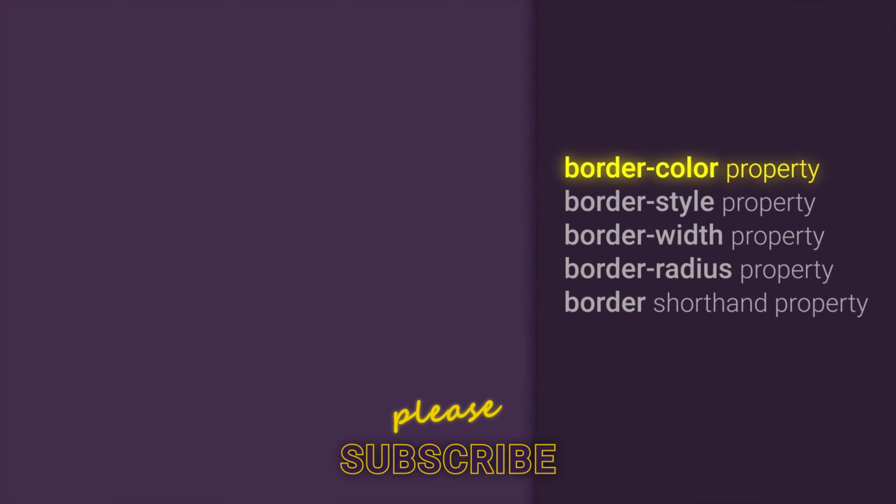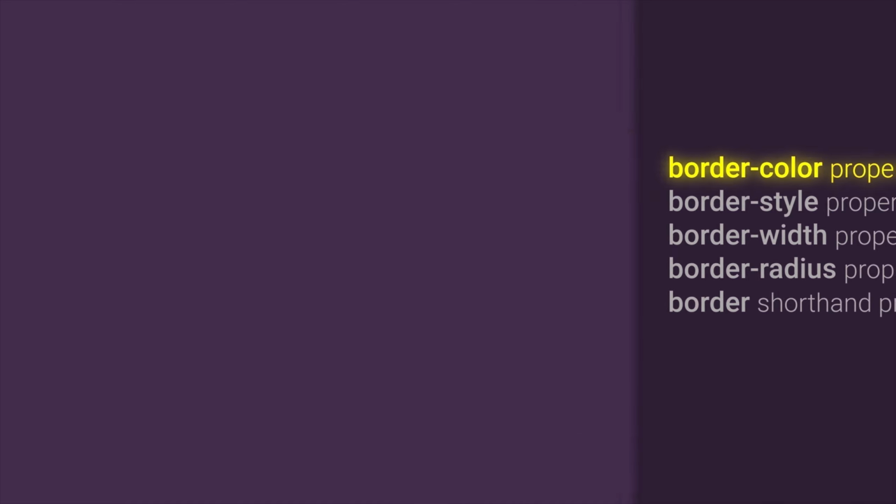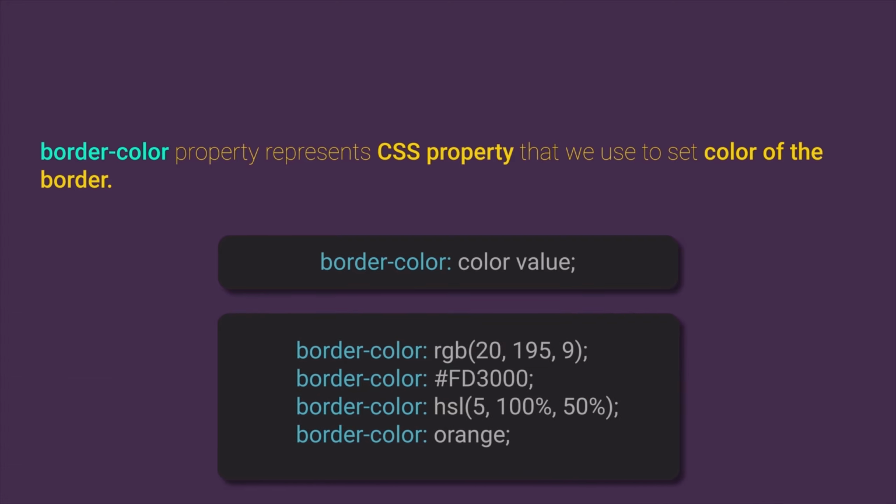What is border color property? Border color property represents CSS property that we use to set color of the border. Color of the border can be set like RGB value, like hexadecimal value, like HSL value, or like predefined CSS color.